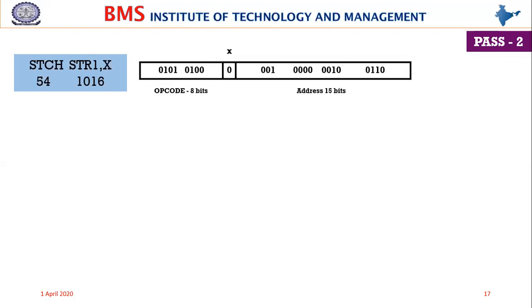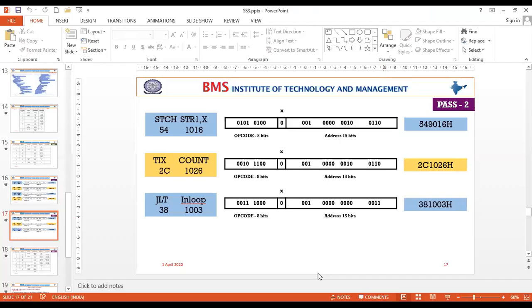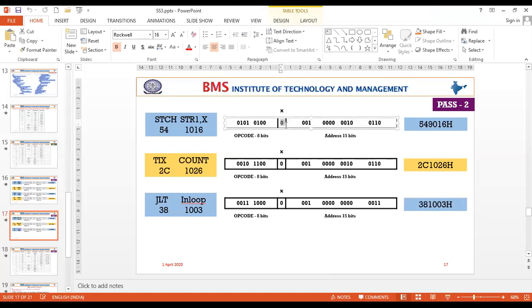The opcode of STCH is 54, which is written as 0101, and 4 is written as 0100. That's the opcode done. Sorry, I was supposed to make the X bit 1 here, which was not done. Yeah, this is supposed to be 1.